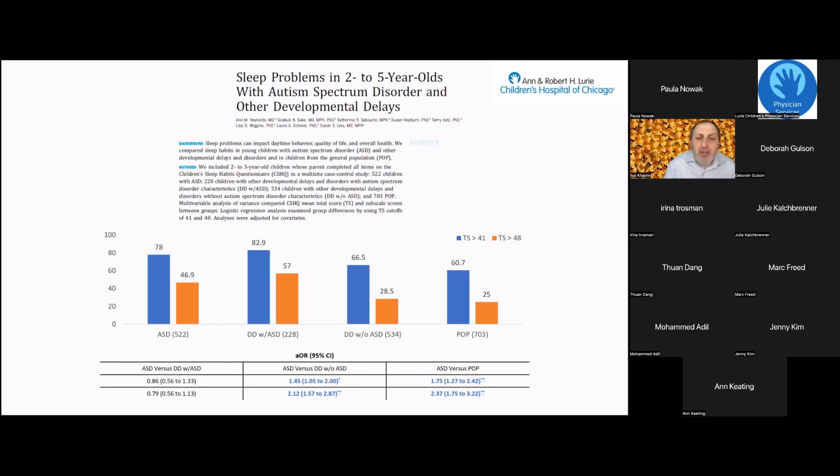Without autism, I apologize. And autism versus the general population, children are up to 2.37 times more likely to have sleep problems. So autism is a very powerful predictor of sleep issues in our children.